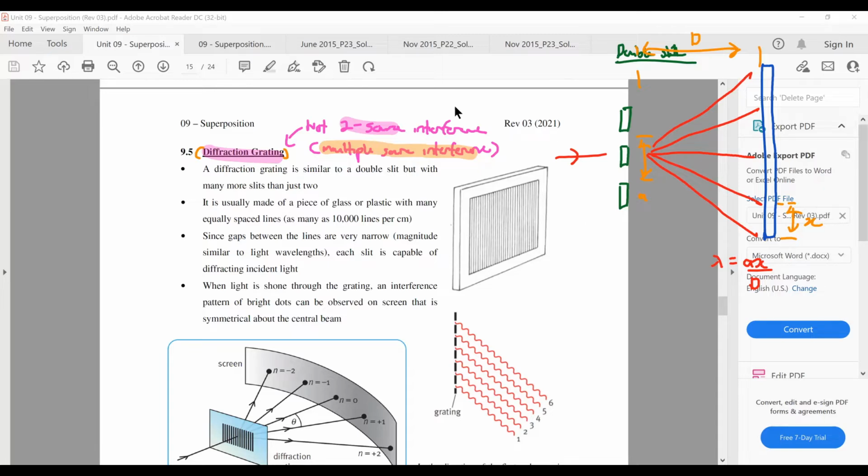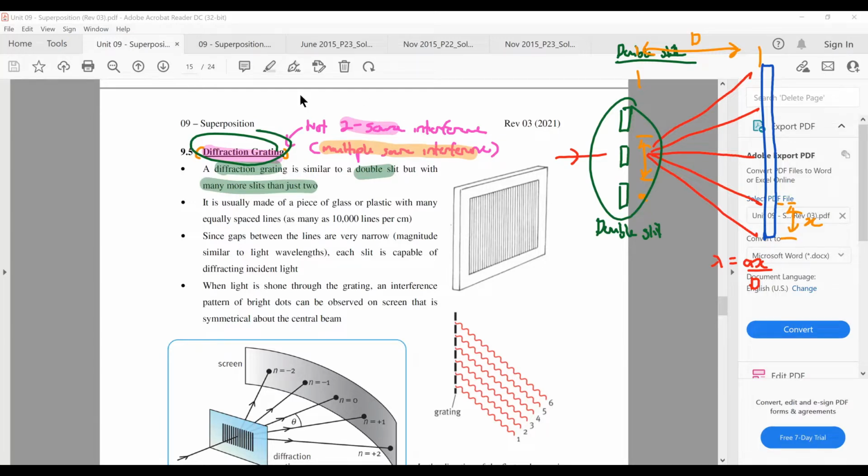Now, when it comes to diffraction grating, you're going to be doing something similar to double slit, where you shine light through something, but instead of using a double slit, you replace it with a diffraction grating. So a diffraction grating is actually similar to a double slit, just that it has many more slits than just two.